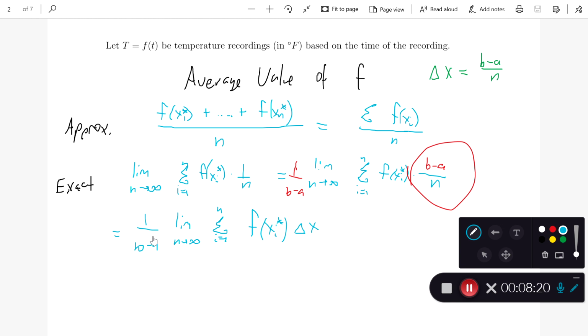So notice here from the limit on, I actually have the integral construction. So again, if I want to take the average value of a function, I really just need to do 1 over b minus a times the integral from a to b of the function dx, and then it's no longer an approximation, it's an exact value.